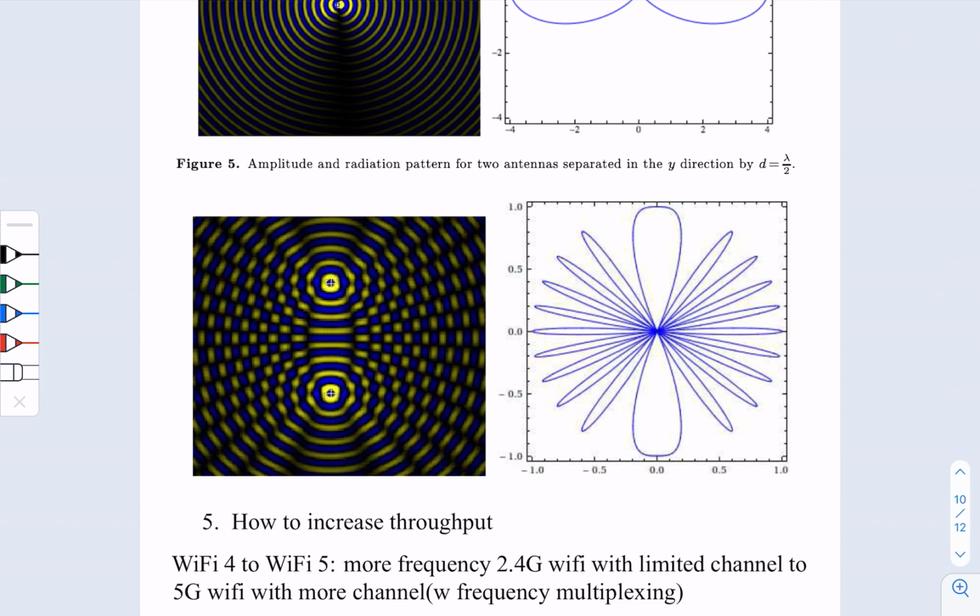From Wi-Fi 4 to Wi-Fi 5, there are actually more frequencies added to the Wi-Fi. Previously in Wi-Fi 4, we were only allowed to use 2.4 gigahertz frequencies, or more precisely, frequencies close to 2.4 gigahertz.